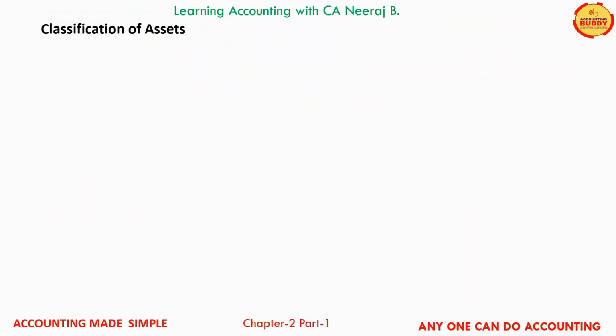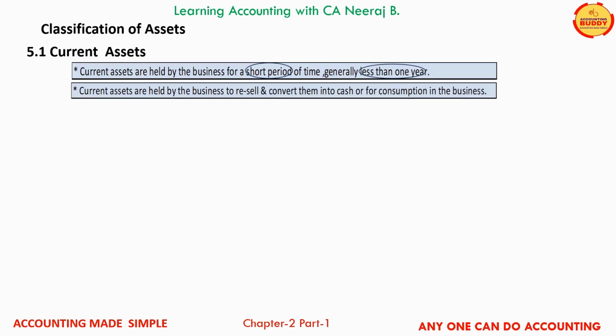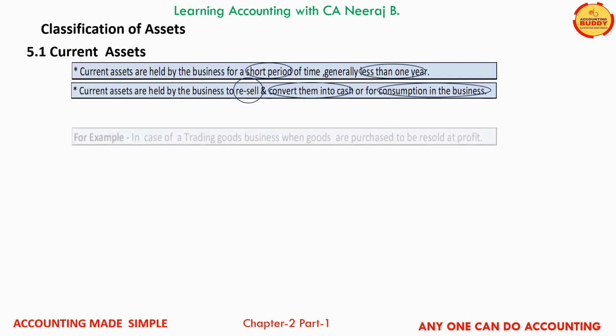Assets can be classified as current assets and non-current assets. Let us discuss current assets in detail. Current assets are held by the business for a shorter period, generally less than 1 year. Current assets are held for a short period as the purpose is to resell and convert them into cash or consume them to manufacture or process finished goods which are meant for sale.